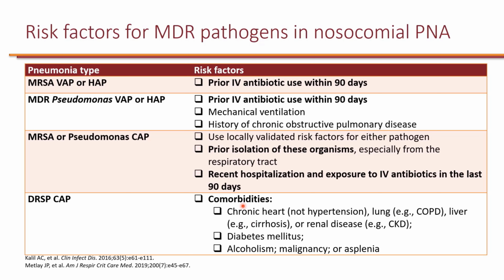So you can see that these patients, including patients with diabetes, alcoholism, malignancy, and asplenia, they're more likely to be exposed to healthcare settings. So they're at risk of having drug-resistant strep pneumo.